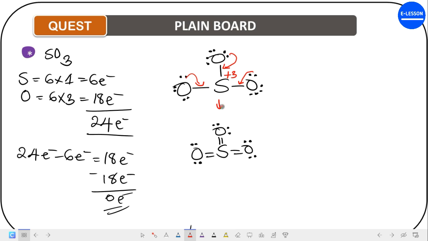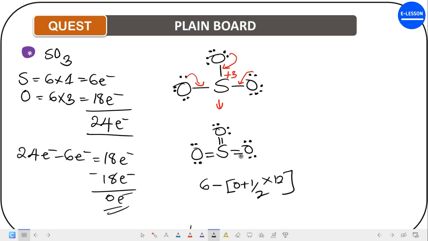Let me calculate the formal charge for you so that you know that it's 0. Sulfur is 6, the number of valence electrons. Then the lone pair electrons are 0, plus half of the bonding electrons, 1, 2, 3, 4, 5, 6. 6 times 2 gives us 12 electrons.